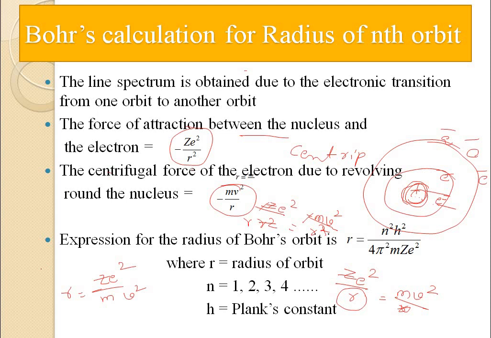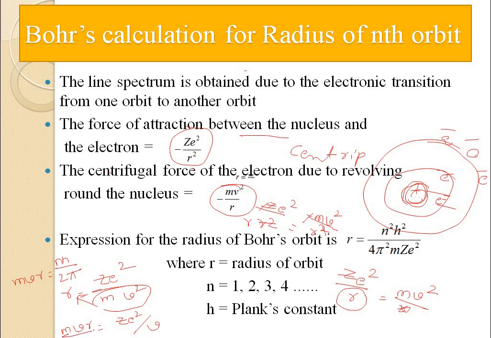According to that formula, if we send this mv square to this side and keep one v on this side, how can I write this expression? mvr equal to Ze square by v. Can we write like this?